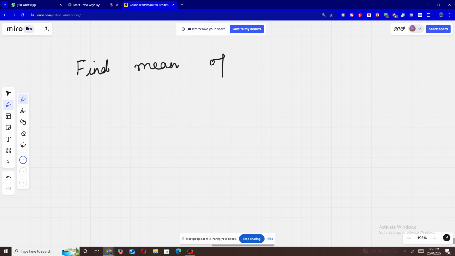So we are going to use the direct method. It reminds me of the first chapter. Here, find the mean of the following distribution.